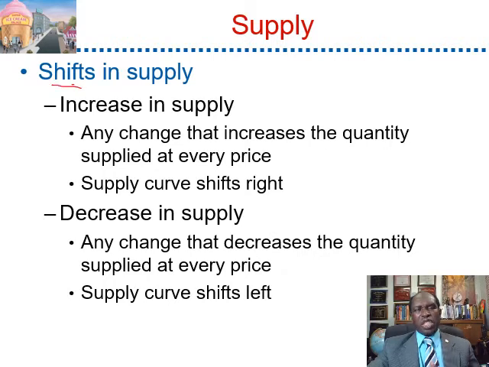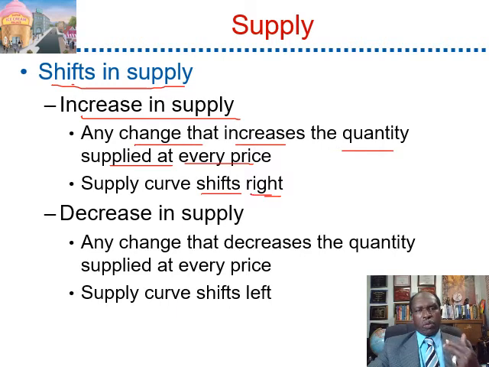With respect to the shift in the supply, there are two types of shift in the supply. An increase in the supply: any change that increases the quantity supplied at every price will shift the supply curve to the right. For instance, a new and better technology will increase supply, and the supply curve will move to the right.